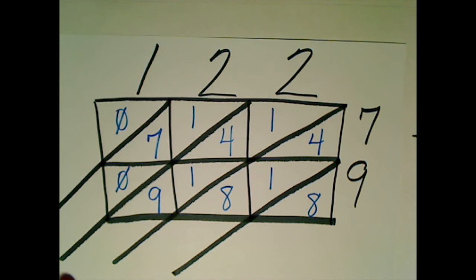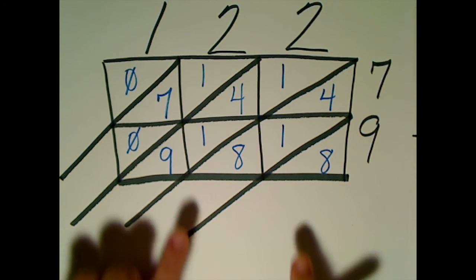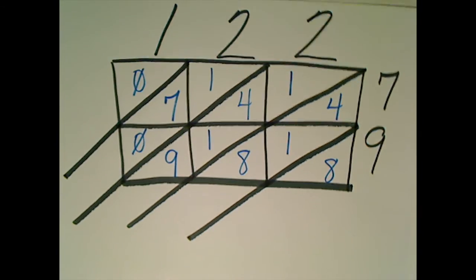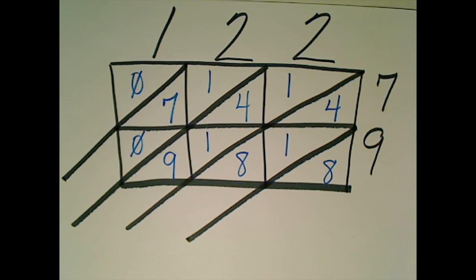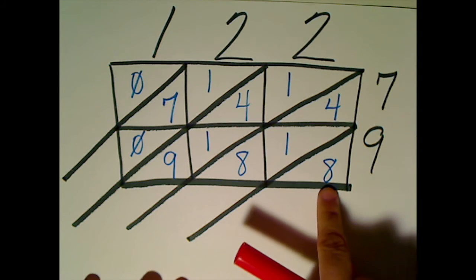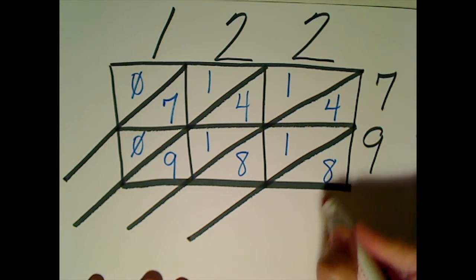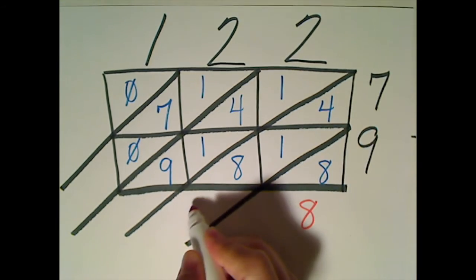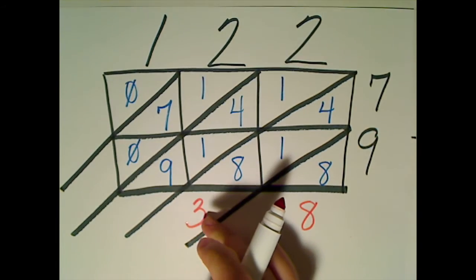Now remember, we go through and we add each row, okay? And we will eventually get our answer. So let's see. Let's make our product in red. 0 plus 8 is just going to be 8. 4 plus 1 is 5, plus 3 is 13. That's 3 ones.